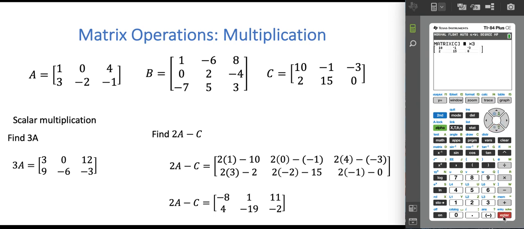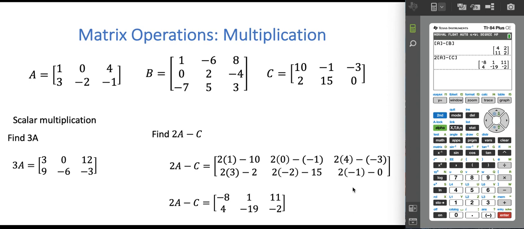And so matrix C, yes, is 10, -1, -3, 2, 15, and 0. Now, if I want to do this equation, 2 times a minus c, I can type 2, call up matrix A, minus, call up matrix C, and enter, and you'll see we get the same answer.